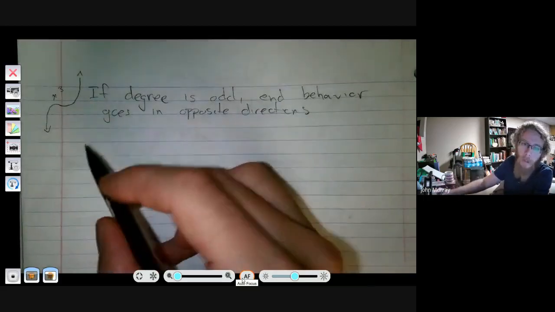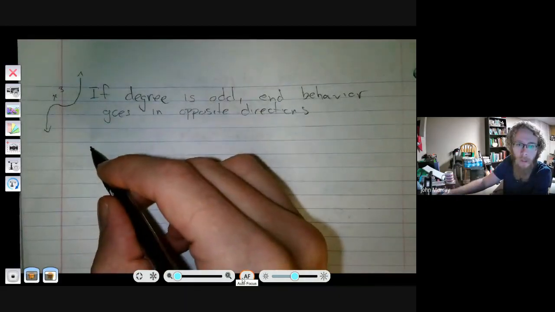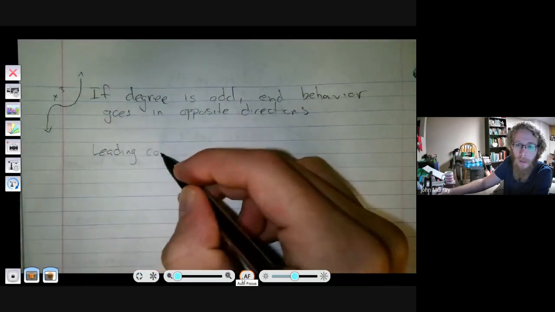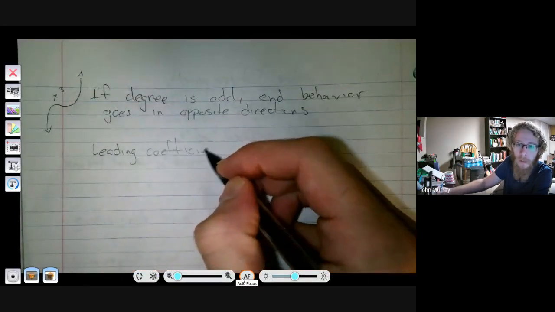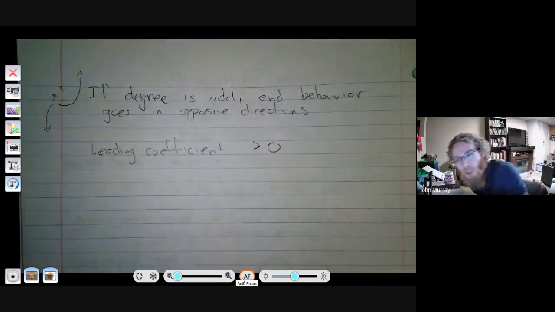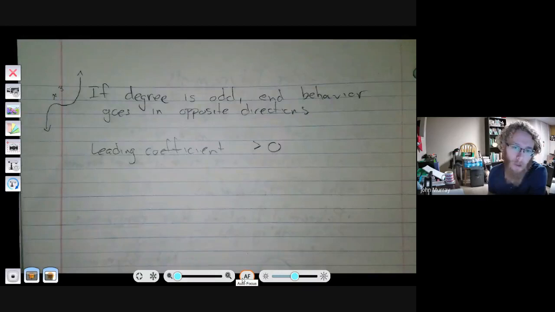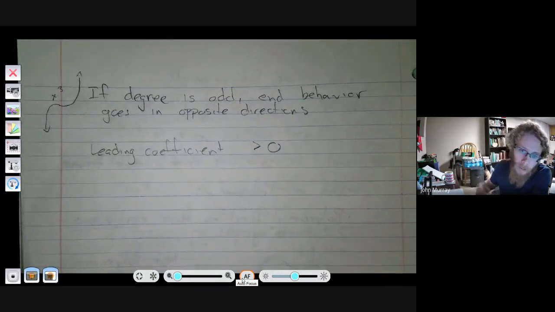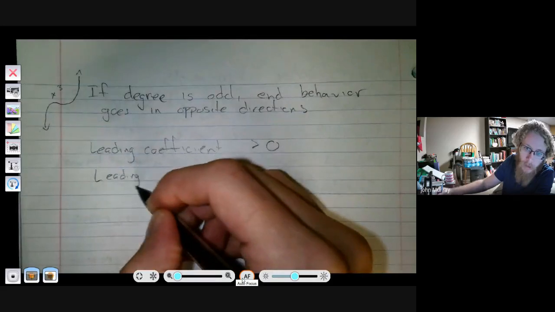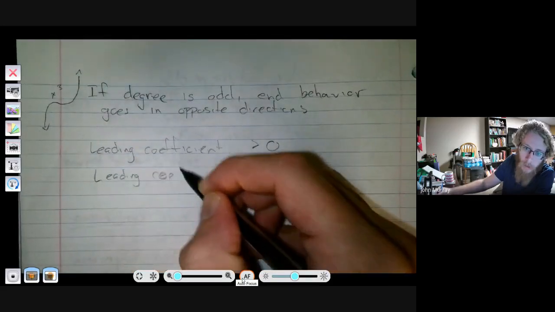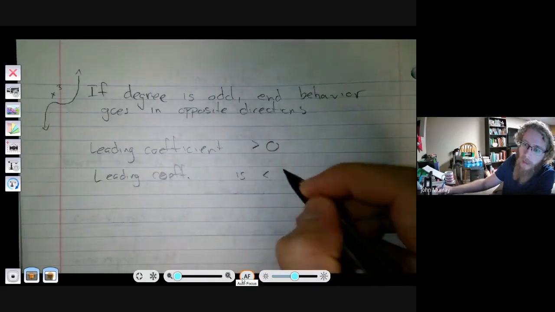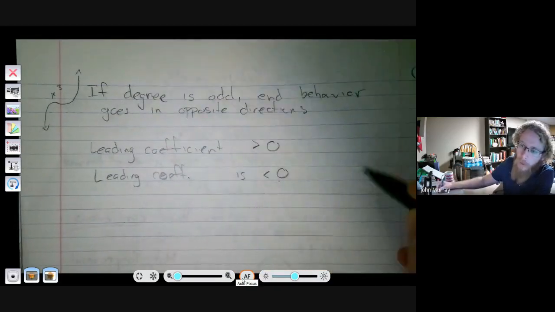Okay, the second part is if the leading coefficient is positive, if it's greater than 0, and then if the leading coefficient is negative, okay, we've seen this before, right?